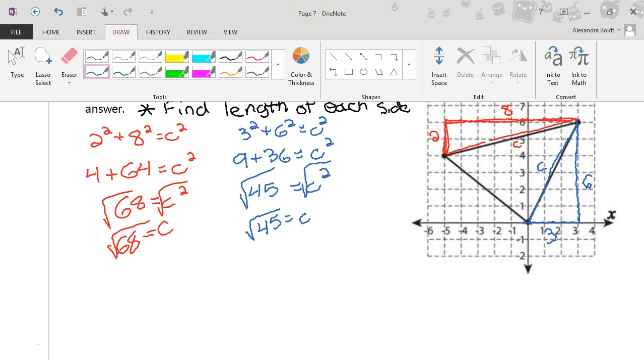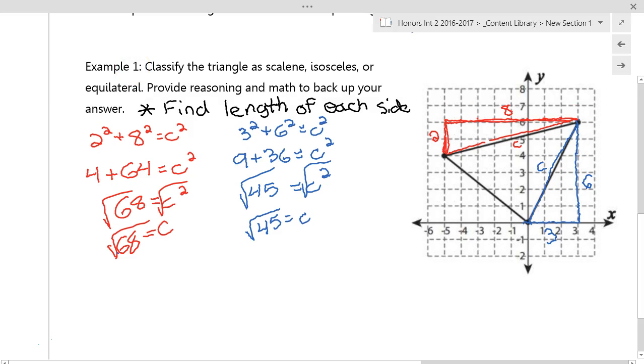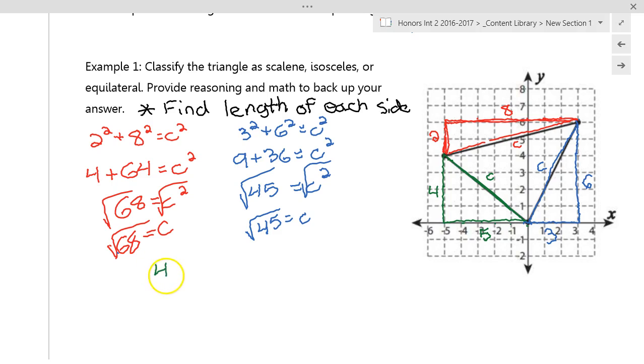All right, now we still have to figure out our last side. We do have to figure out all 3. So now I'm going to find this triangle. This is a 4 by 5, and we're looking for c again. So I'll do it down here. 4 squared plus 5 squared equals c squared.